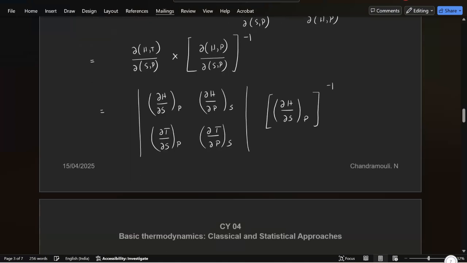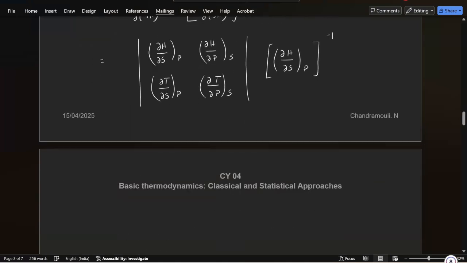Now what we'll do is we will see this equation. I will write the total differential of enthalpy.